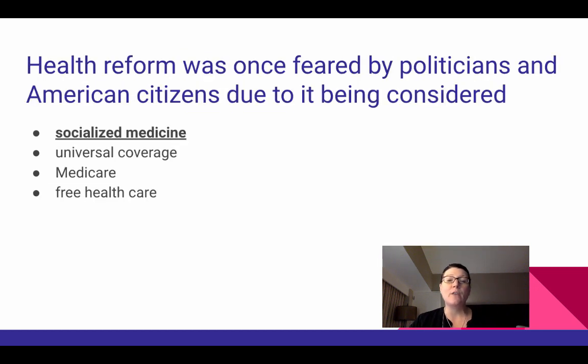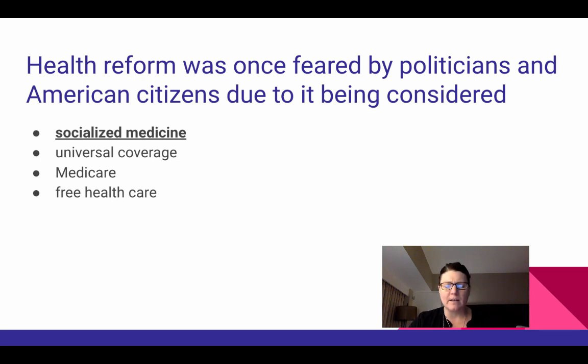Next question. Health reform was once feared by politicians and American citizens due to it being considered, and that's socialized medicine. So when we look at health reform and transitioning over to something that would allow more people to be covered in the U.S. without extensive costs to the people, you're looking at a situation of socialized medicine.